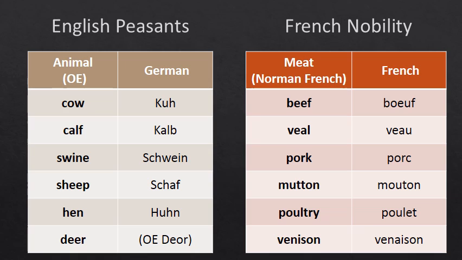There were laws that peasants were not allowed to hunt stags. That's a noble activity. And so you have a situation where the peasants tend or herd the animals, and the French nobility eat them.